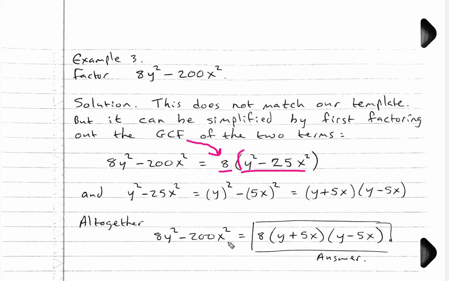Altogether, now put the 8 back in. It's 8 times y plus 5x times y minus 5x. So that's an important idea. Any common factors, you want to take those out first from 2 terms or 3 terms or anything you're trying to factor.